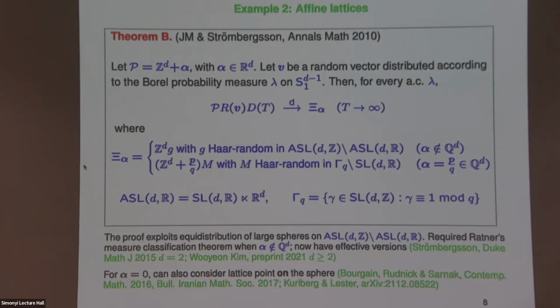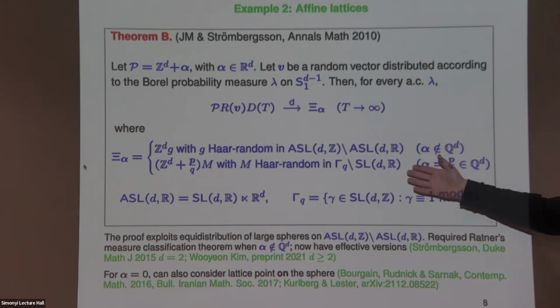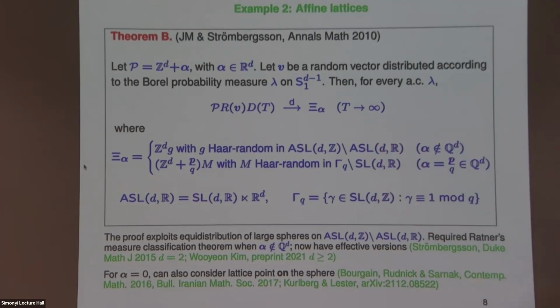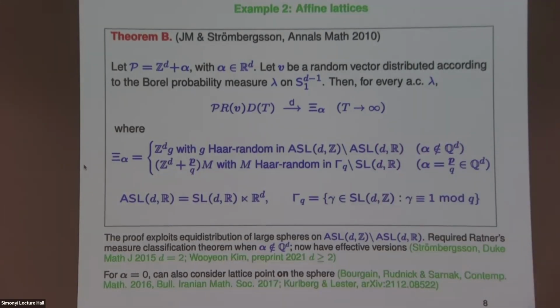So the take-home message here is, if you don't know, Peter told me too late to go easy. The point is simply that we get limits. We understand what this limit is in terms of natural objects in the theory of the space of lattices.